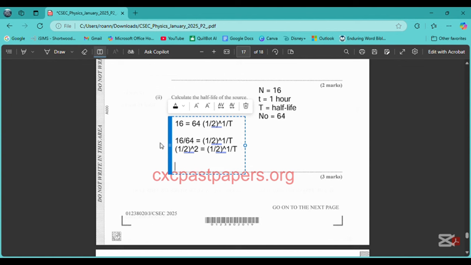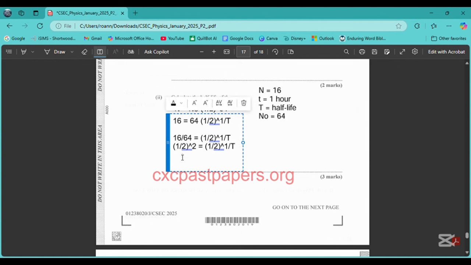And since the bases are the same and the powers must be equal, we can then say 2 is equal to 1 over T, because the power on the left side is 2 and the power on the right side is 1 over T. So 2 is equal to 1 over T. And to find T, we transpose.